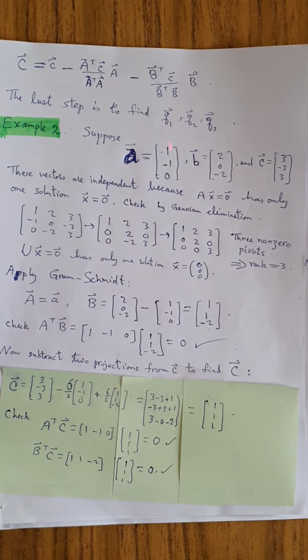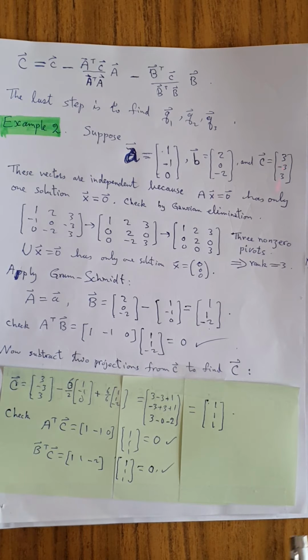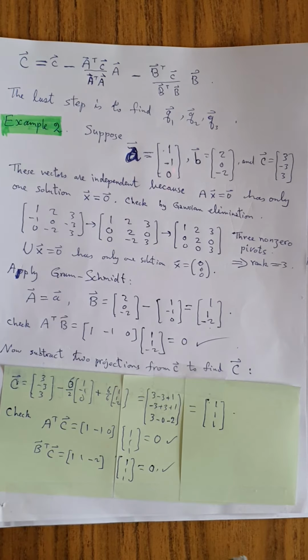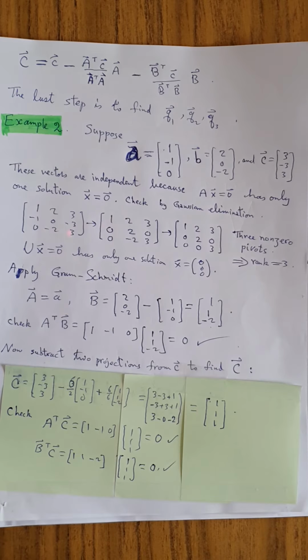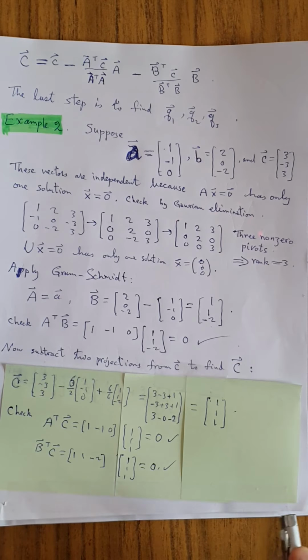Suppose a is (1, minus 1, 0), b is (2, 0, minus 2), and c is (3, minus 3, 3). These vectors are independent because Ax equals 0 has only one solution, x equal to 0. Check by Gaussian elimination.